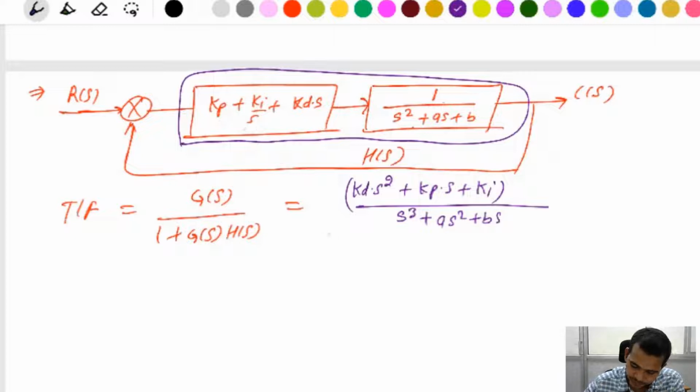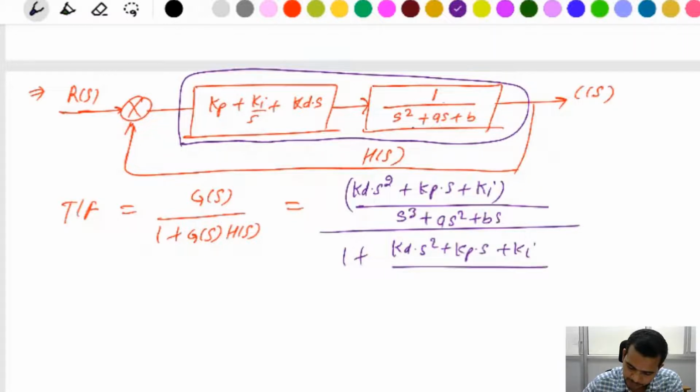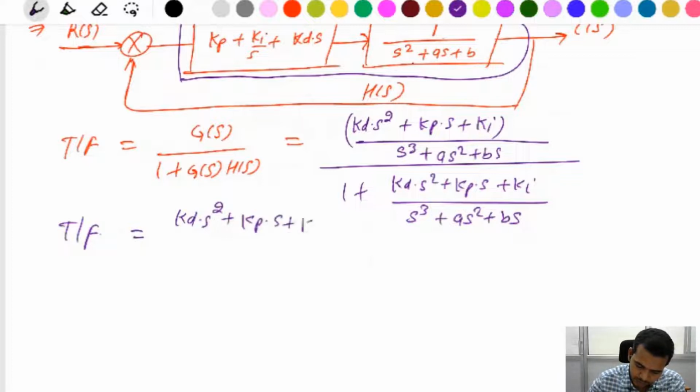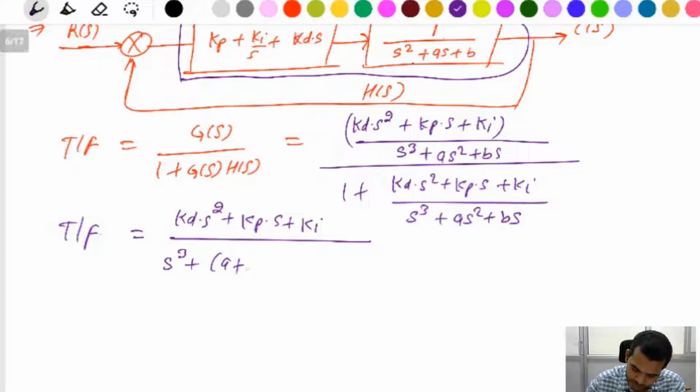S multiply by here, and 1 plus GS, same thing, by S cube. A plus KD to S square, B plus KP.